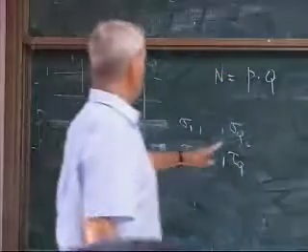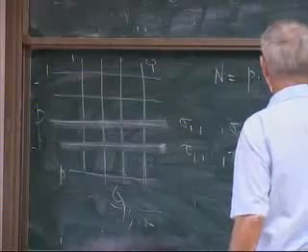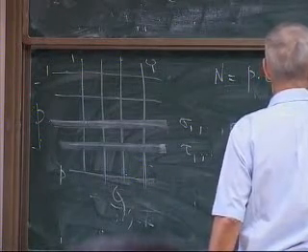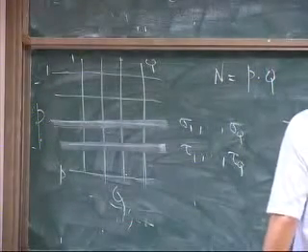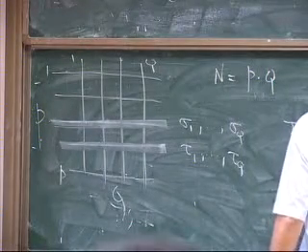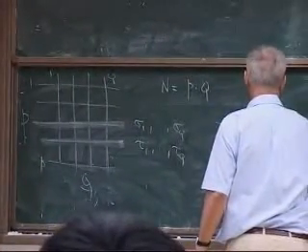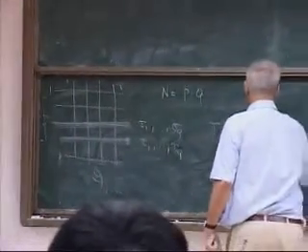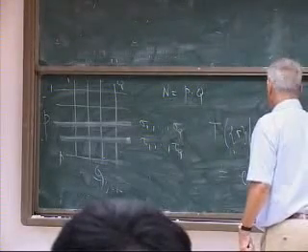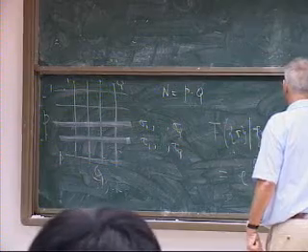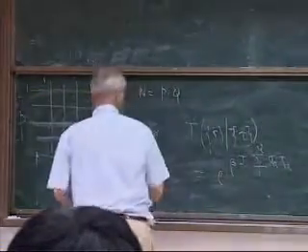So I can define a transfer matrix of the set of sigma and the set of tau, which is something like exponential beta J sum from 1 to Q of sigma a tau a. These are the verticals.